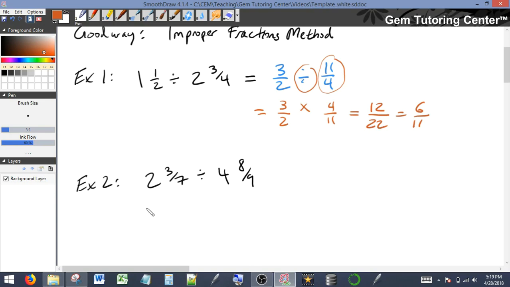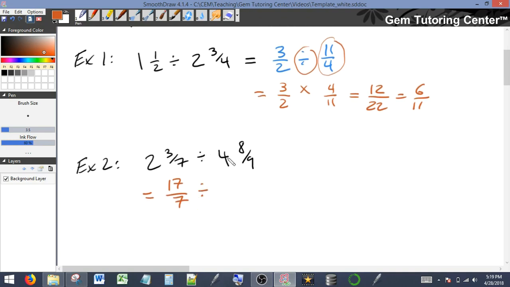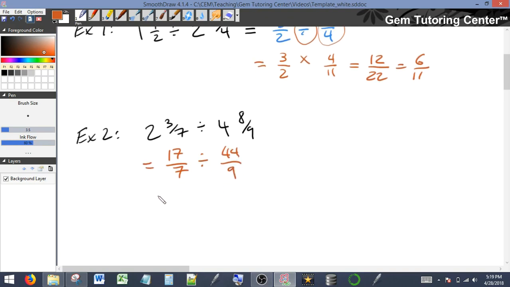So 2 and 3/7 is the same as 14 plus 3/7, which is 17/7, and we still have the dividing symbol here. 9 times 4 is 36, 36 plus 8 is 44, so it's 44 divided by 9. Now we're going to do the sign flip. So this is going to be a times, and this is the fraction flip, which is going to be 9/44.